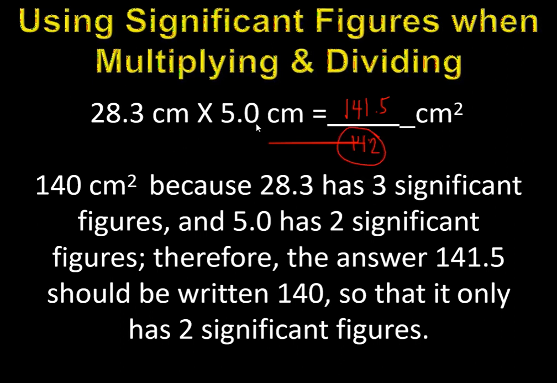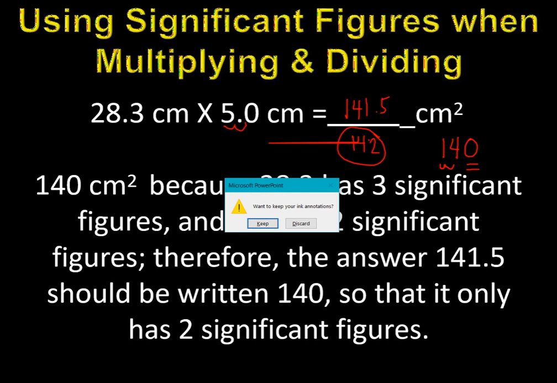But take note, the fewest significant figures is 5.0, so our answer should only have two significant figures. So how can we make it only two significant figures? We should convert this to 0. So that will be equal to 140. Take note that in this answer, the trailing 0 will not be considered a significant figure. That's why we only have two significant figures, 1 and 4. Okay, so I do hope this is already clear.